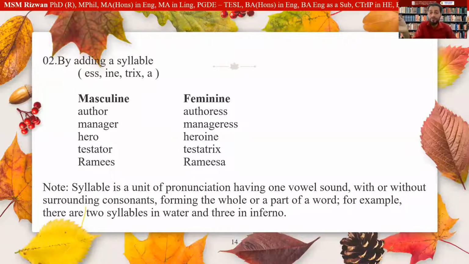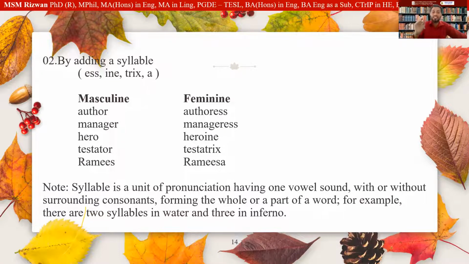T is the other unit of pronunciation. So there you could find a two syllable word, right? As well as you could see the word inferno. Inferno consists of three syllables.